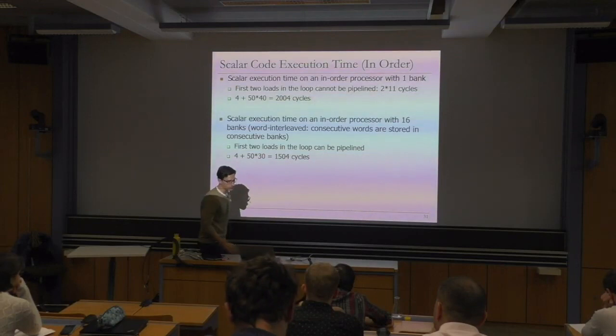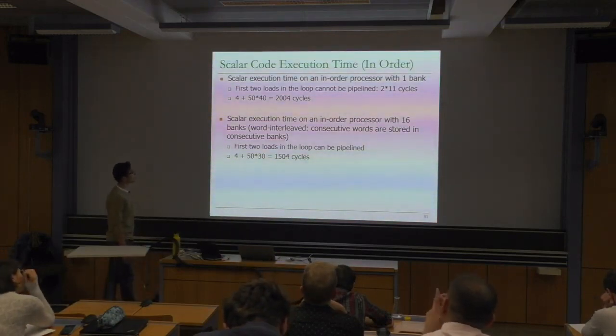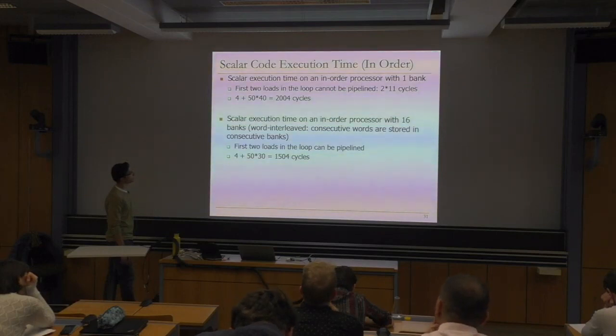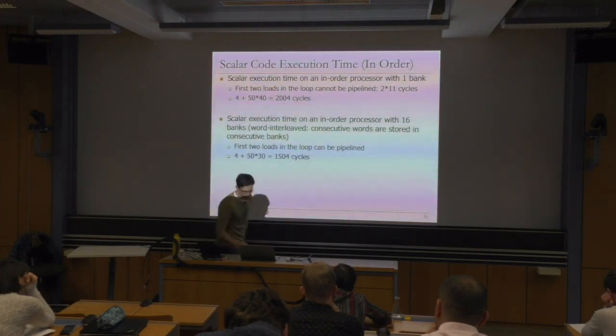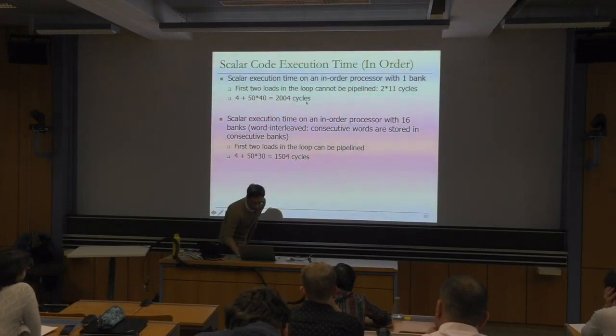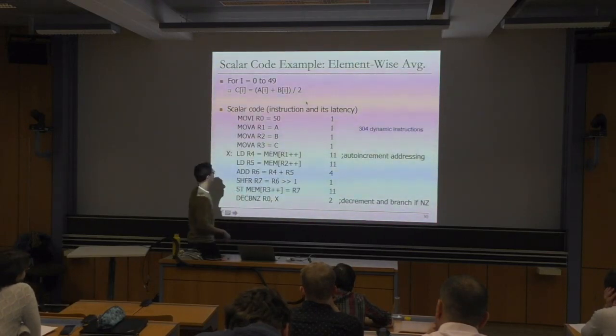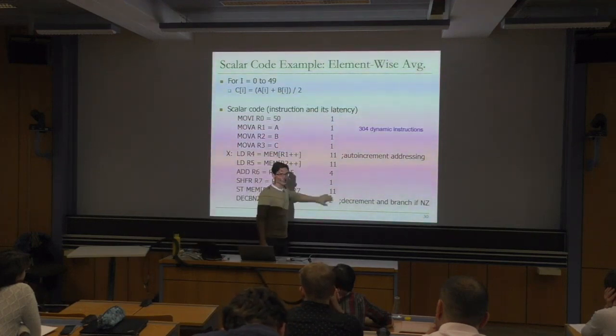Okay, the problem with this scalar code is that it's quite inefficient, right? Why is that? Well, first of all, let's think about a memory with one single bank. If we have a memory with one single bank and we compute how many cycles in total we need to execute these 304 dynamic instructions, what we will have to do is add up all these latencies that we have here.